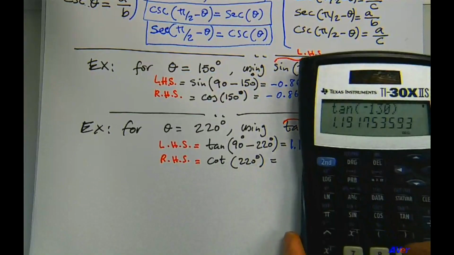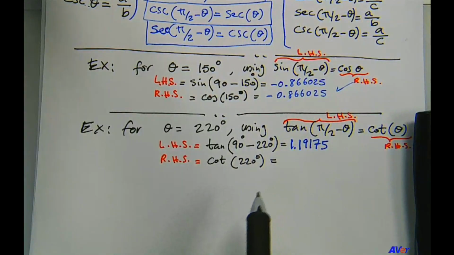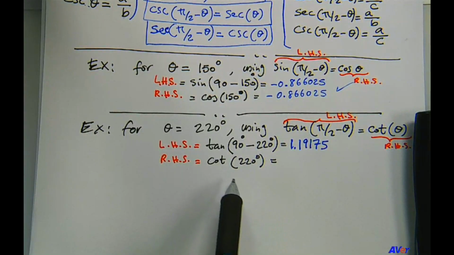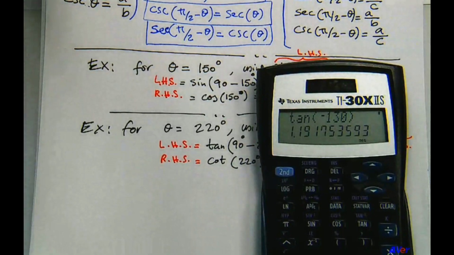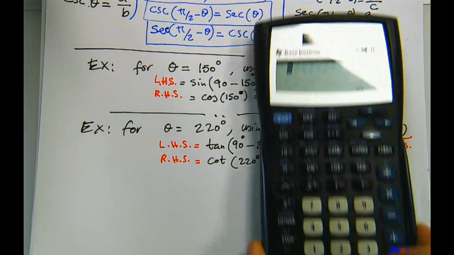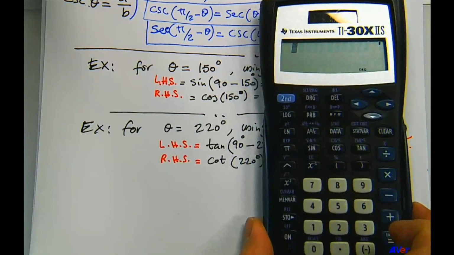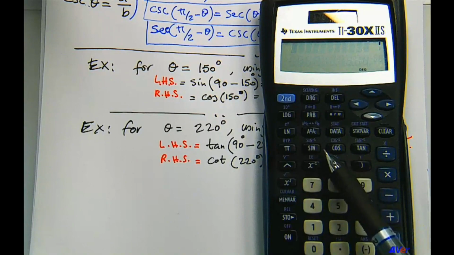So let's evaluate that. So cotangent of 220 degrees. Okay, I'm glad we got to this point. See, on my calculator, there is a tangent button, but there is no cotangent button, right?